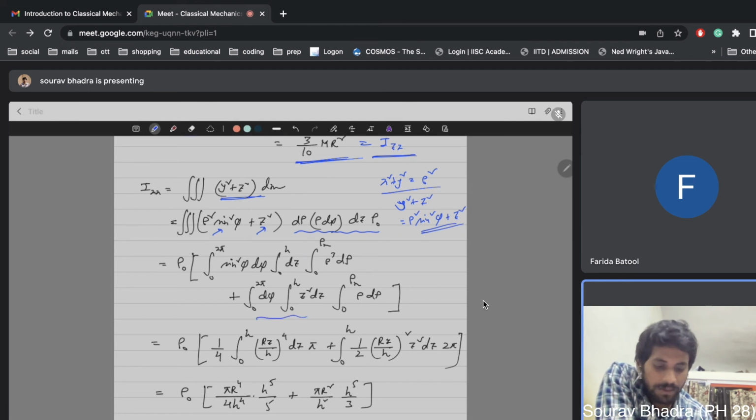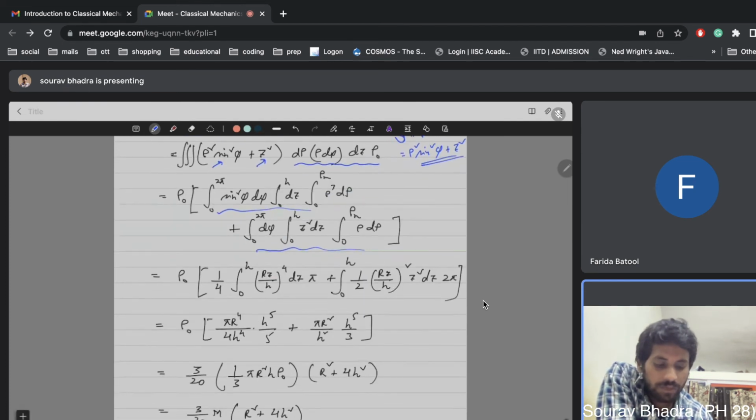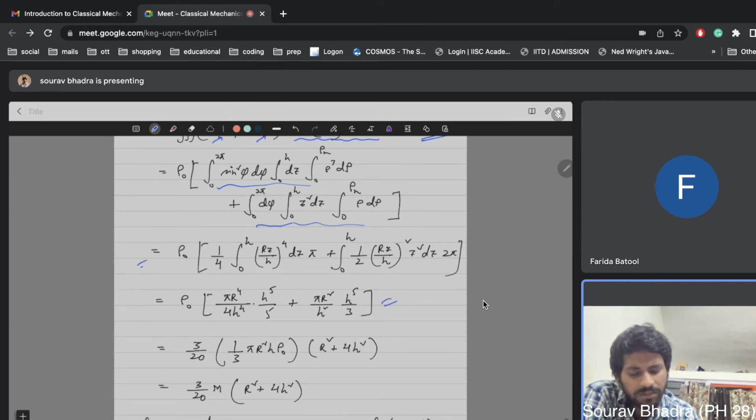Just do the same way: first do the integration over rho, then put rho max equals rz by h, and then do the z integration. If you do this separately, you will get all this expression.